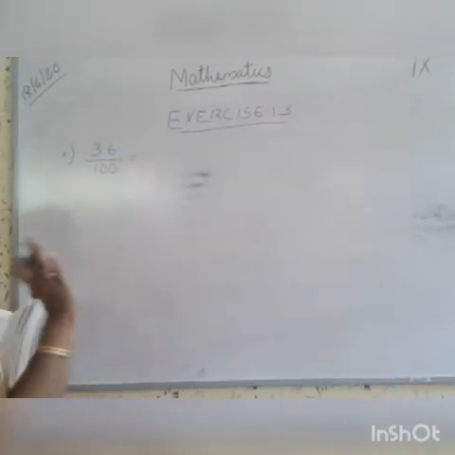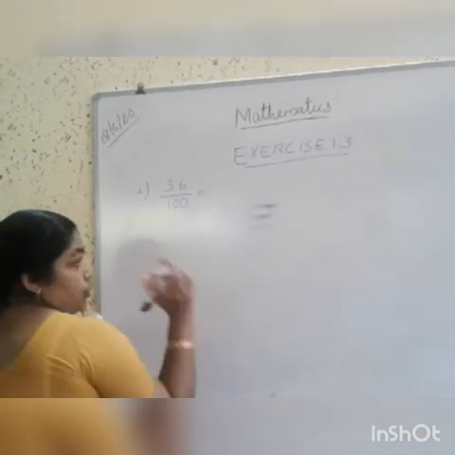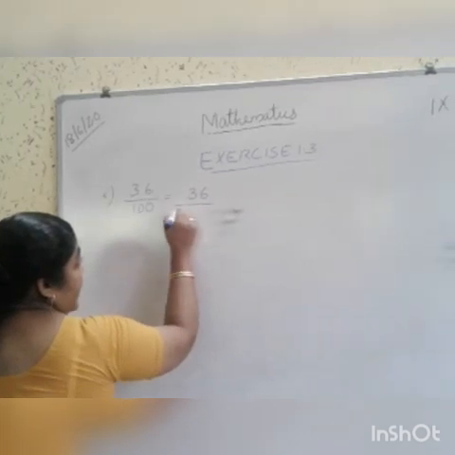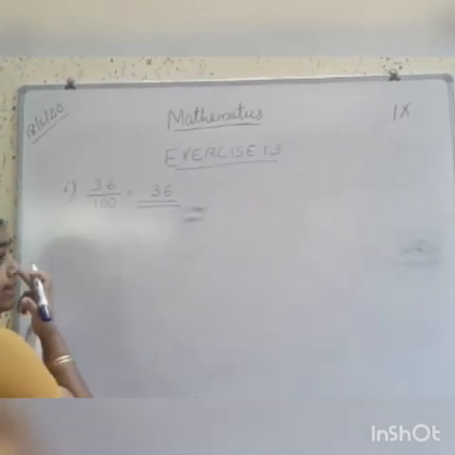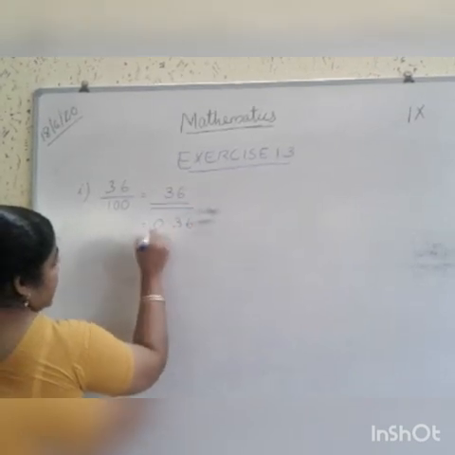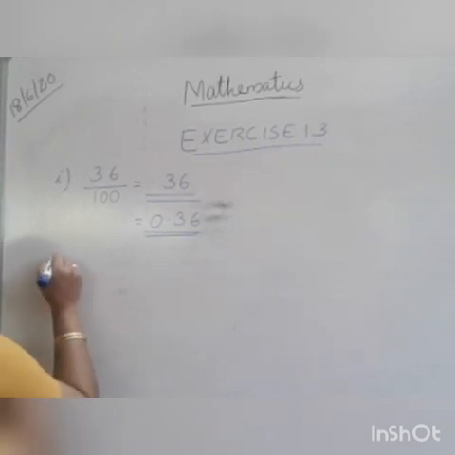All of you know the decimal expression of this. Here how many zeros? 2 zeros. So we have 2 decimal places, that is equal to 0.36. That we can write as 0.36. That is okay.